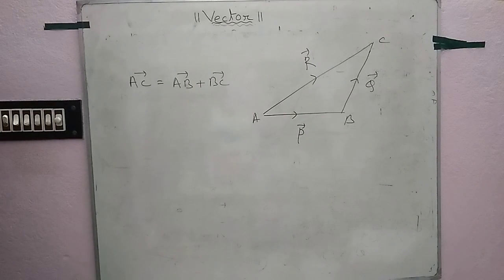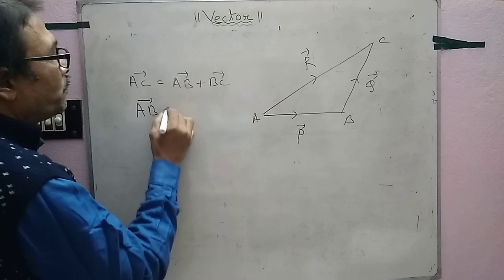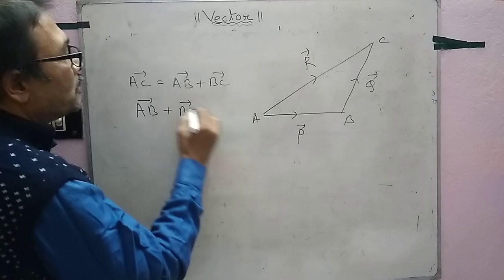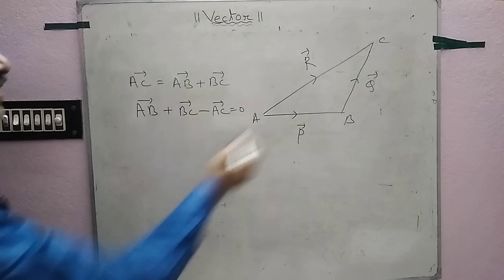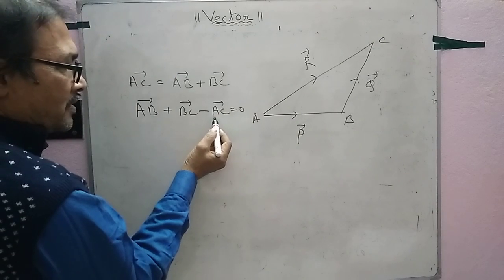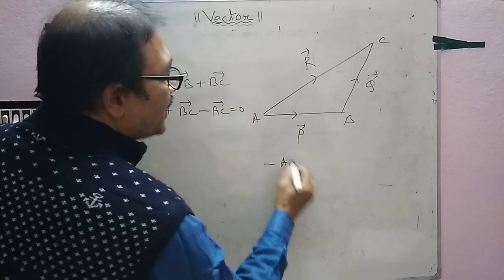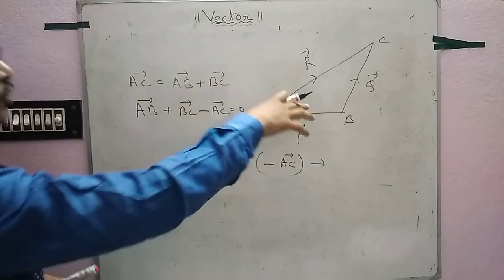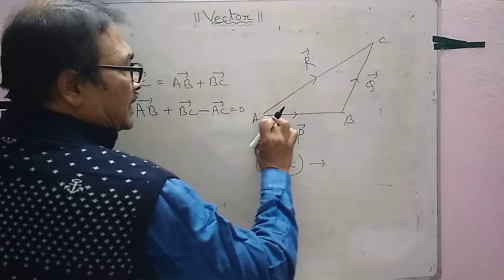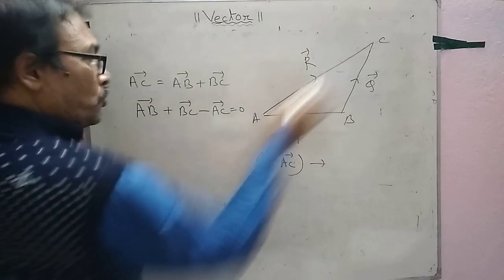Clear? Now, AB plus BC minus AC equal to 0. Minus AC means the direction of minus AC vector. The direction of minus AC is just opposite to AC.